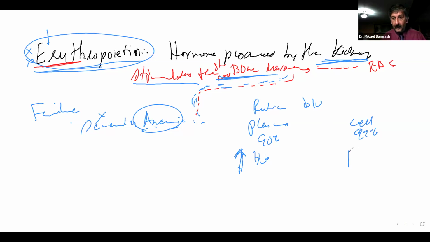And on the other end, the cells decrease in number mainly because of no erythropoietin or a low production of erythropoietin, which causes no formation of new blood cells. So the ratio between plasma and cells is going to go bananas.